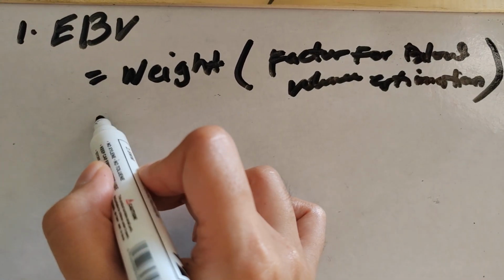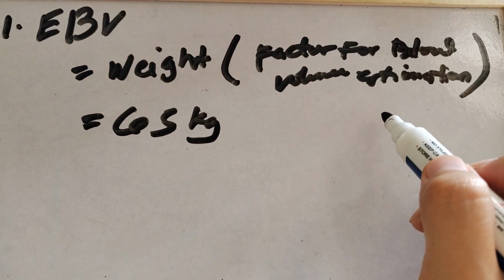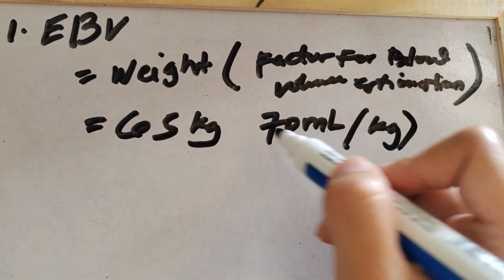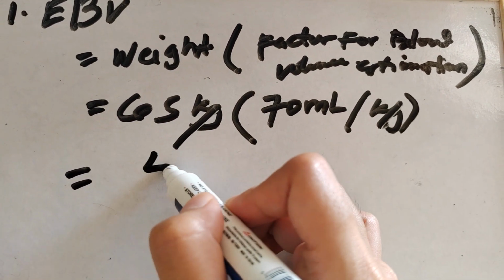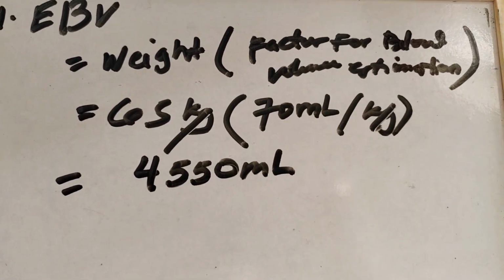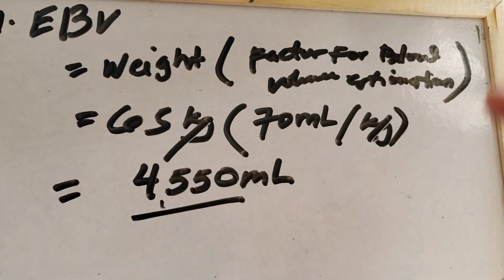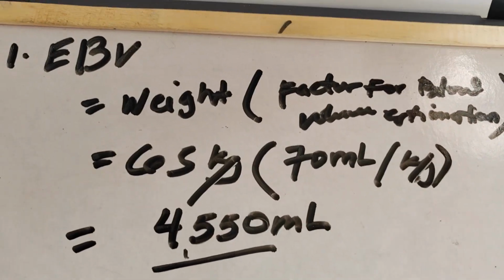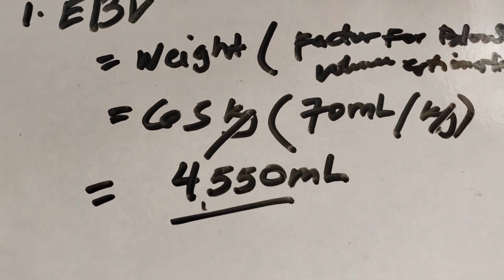Given kanina, weight ni patient 65 kilograms. Factor for blood volume estimation, this is a constant 70 ml per kilogram. Cancel this one. That gives you 65 times 70, 4,550 ml estimated blood volume ni patient. Take note of this.